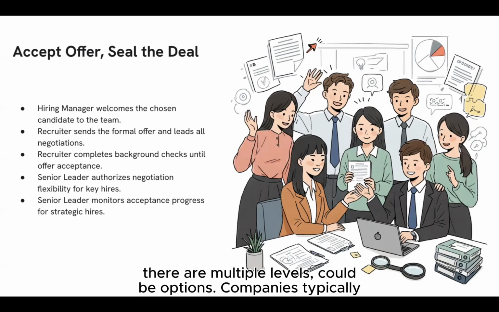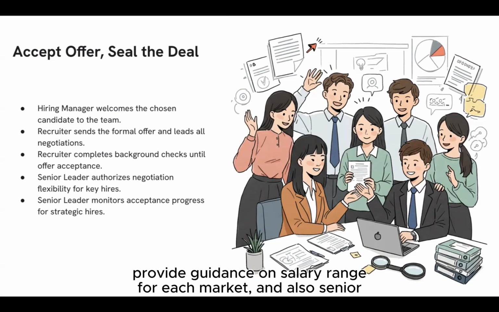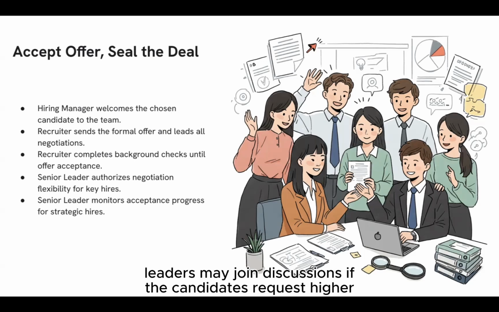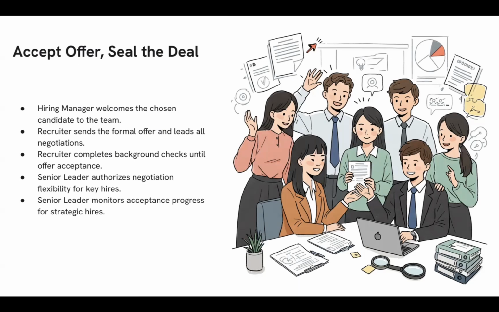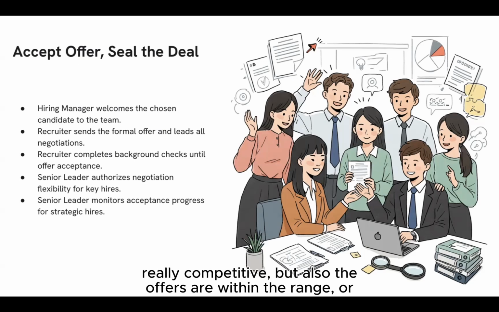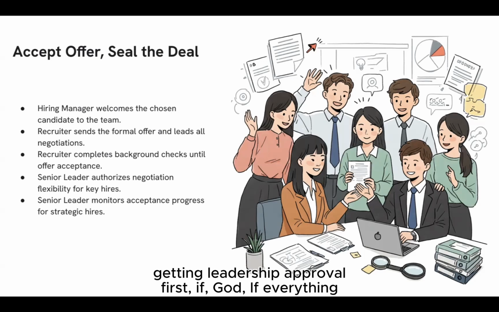Companies typically provide guidance on salary range for each market, and senior leaders may also join discussions if the candidates request higher compensation. Each level and role has guidance involving budget and HR considerations, making sure the offers are really competitive, but also within the range or getting leadership approval first.